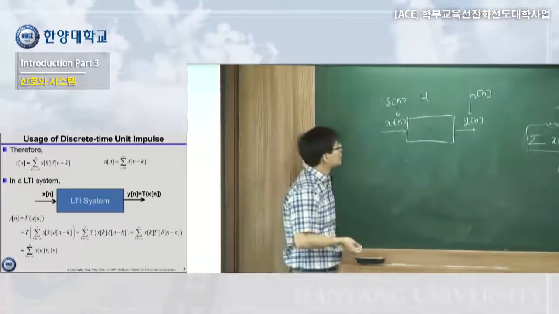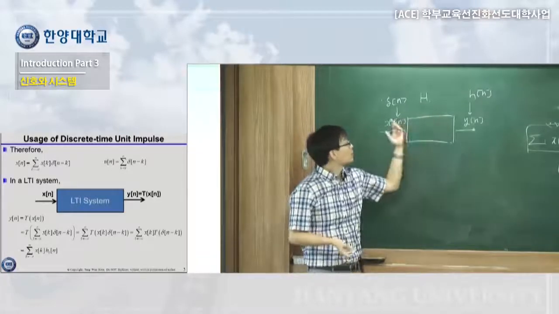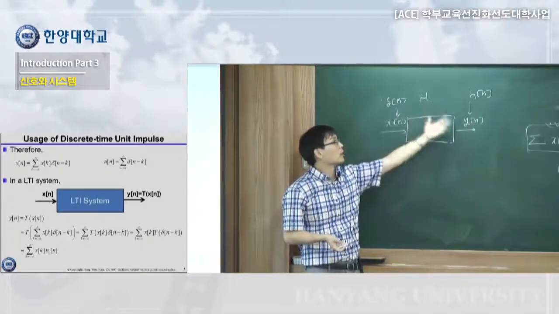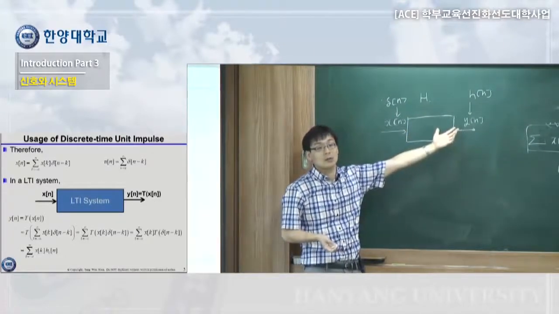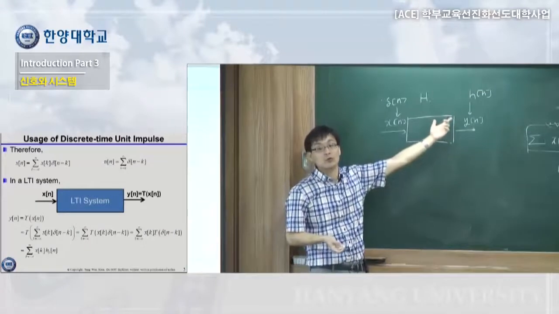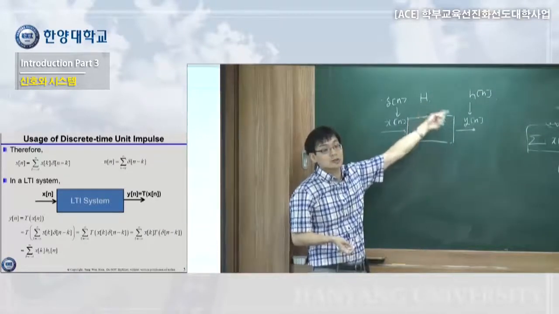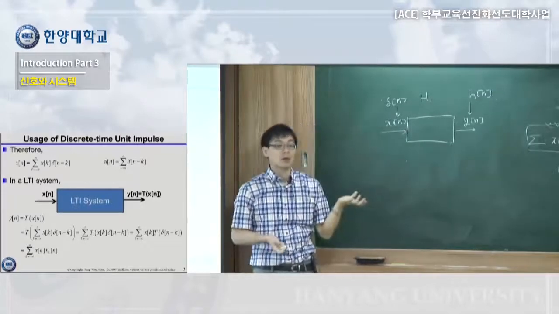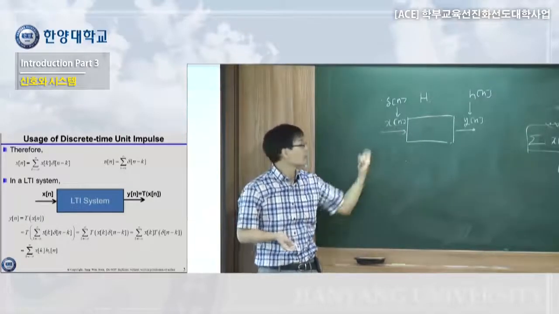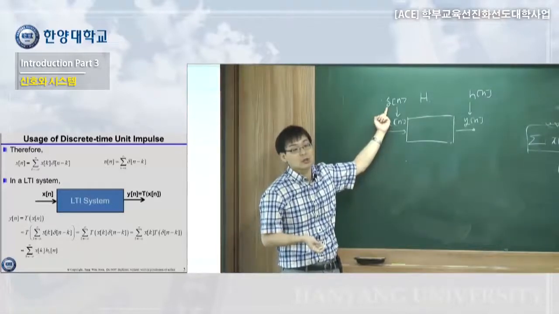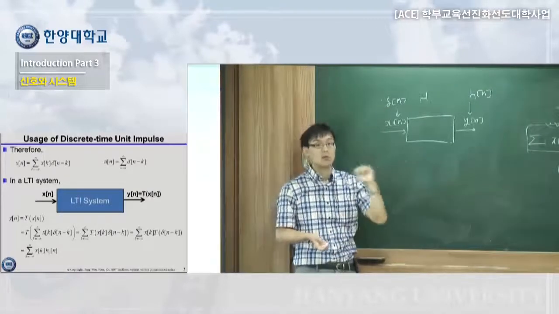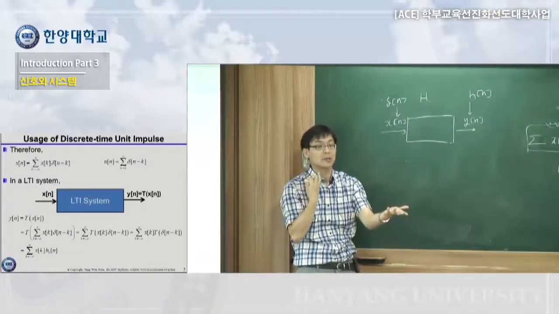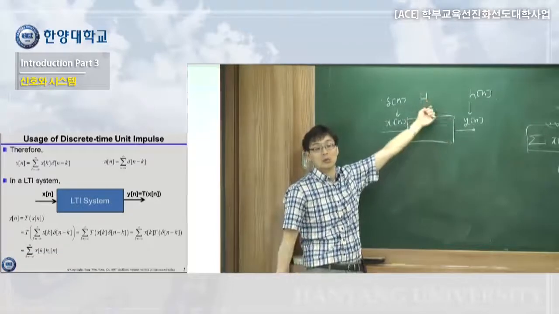So this h means when the input is the delta function, the output is h. And this output h, in the frequency domain, can also be h. This impulse response is named so because our input is an impulse, a delta function. We give an impulse, and the response to that impulse, the output, is h. That's the reason this is called the impulse response.